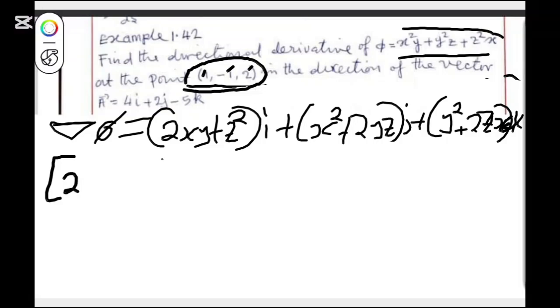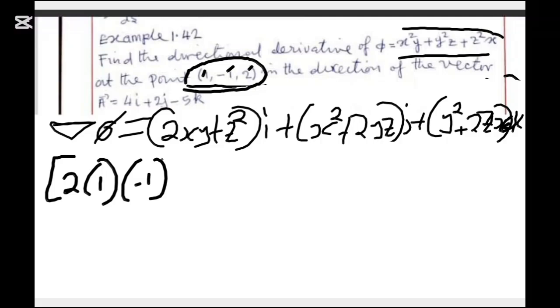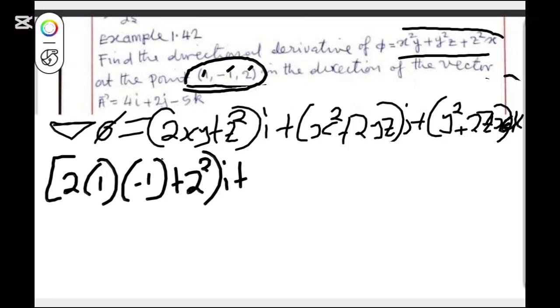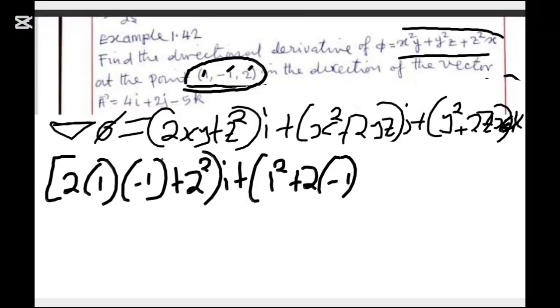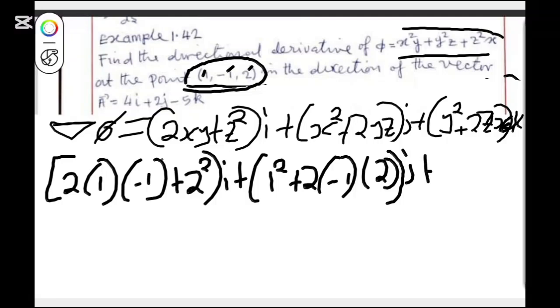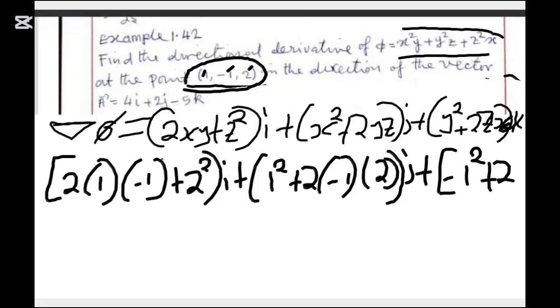So this should now be equal to, for i, 2 times 1 times -1 plus 2 squared, and for j, 1 squared plus 2 times -1 times 2, and for k, -1 squared plus 2 times the value of z, which is 2, also multiplied by x, which is 1.